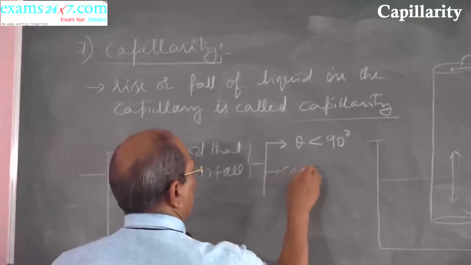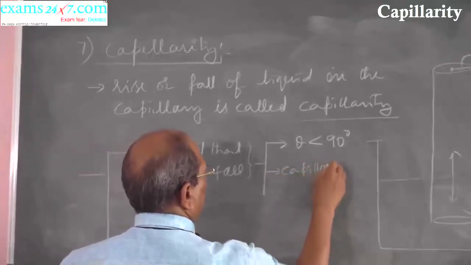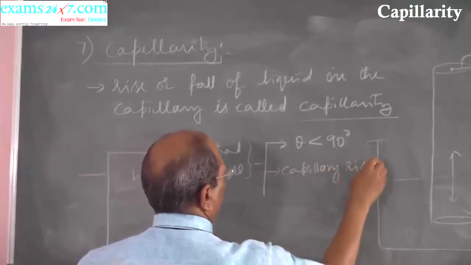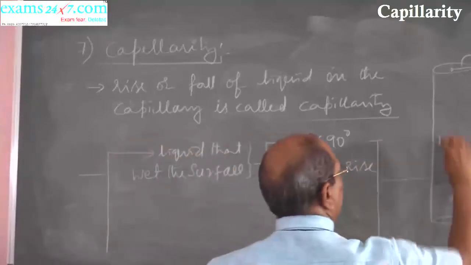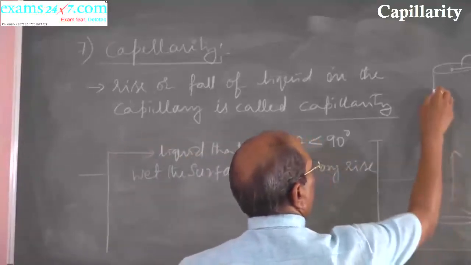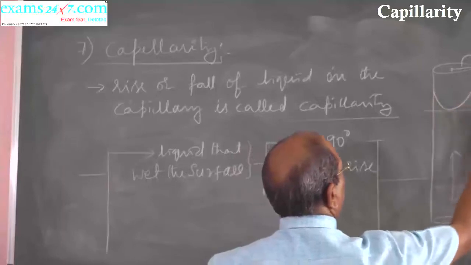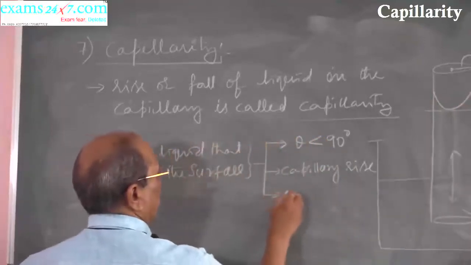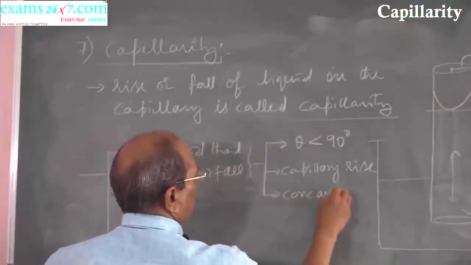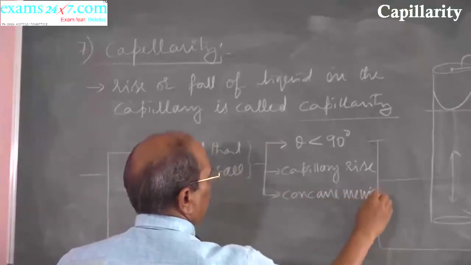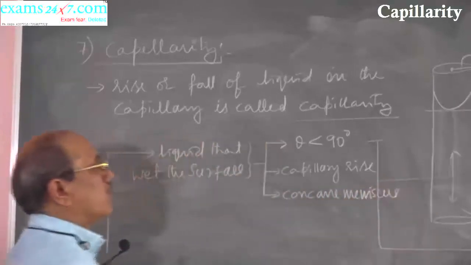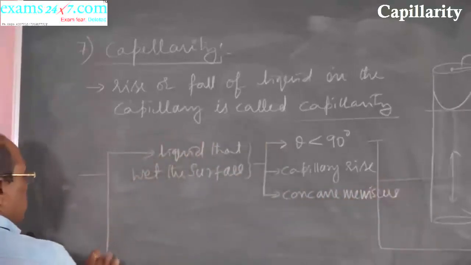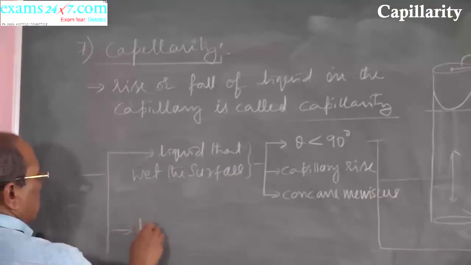There is a capillary rise: the liquid rises in the capillary tube and the meniscus happens to be concave. Suppose the liquid does not wet.